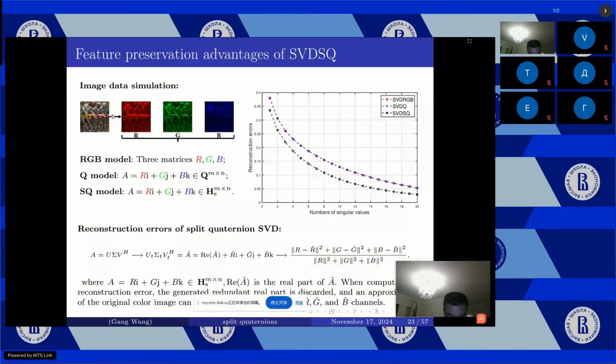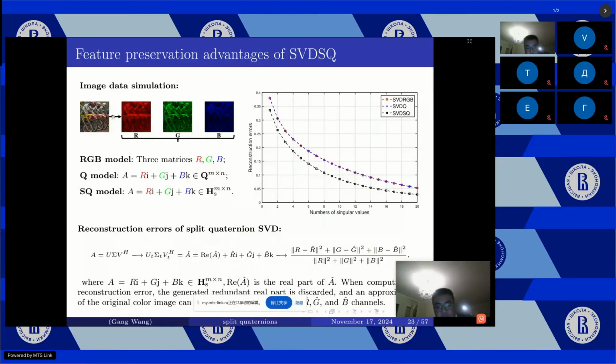On the right, we present the error graph, where the x-axis represents the number of selected singular values and the y-axis shows the reconstruction error. This graph compares the reconstruction errors of the traditional RGB model and the quaternion SVD. Our algorithm demonstrates a significant advantage in preserving features in color images.